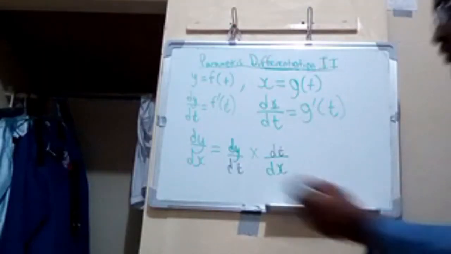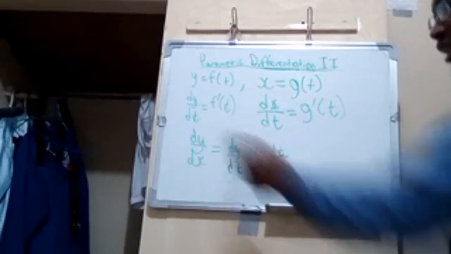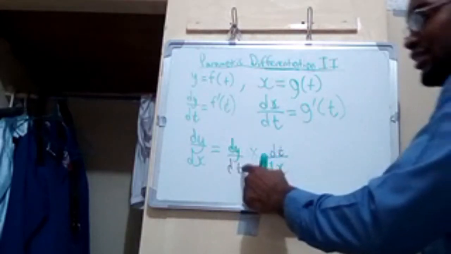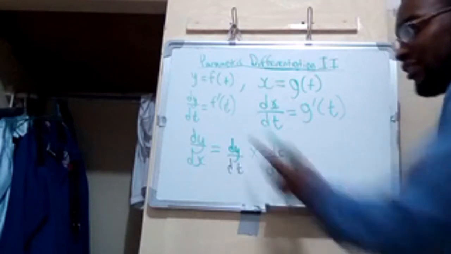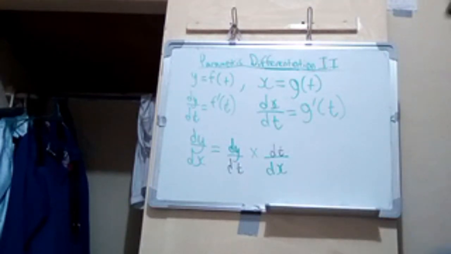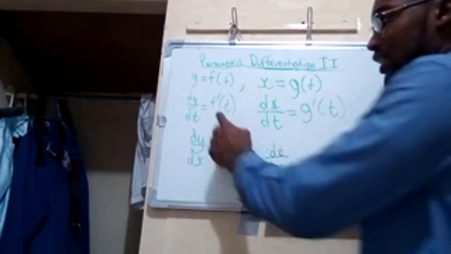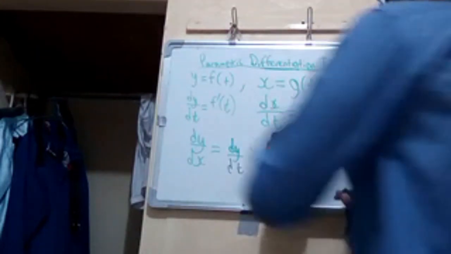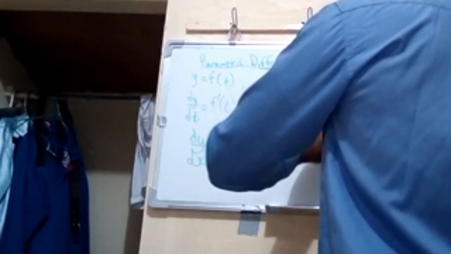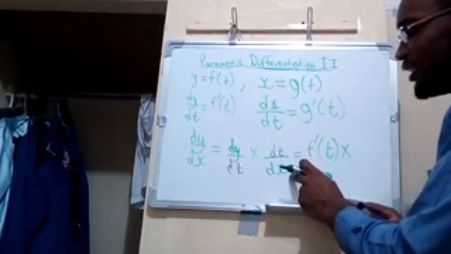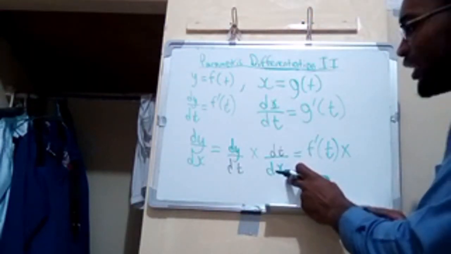Makes sense, because if I cancel the dt's, then I still get dy by dx. So dy by dt times dt by dx gives me back dy by dx. But then what's dy by dt? dy by dt is f prime of t. So that's f prime of t times dt by dx. But what's dt by dx?